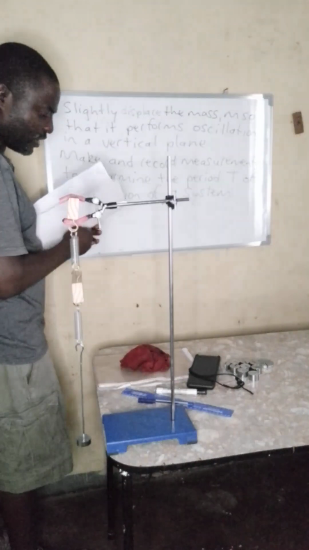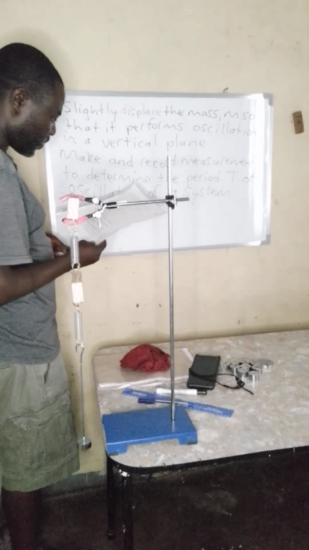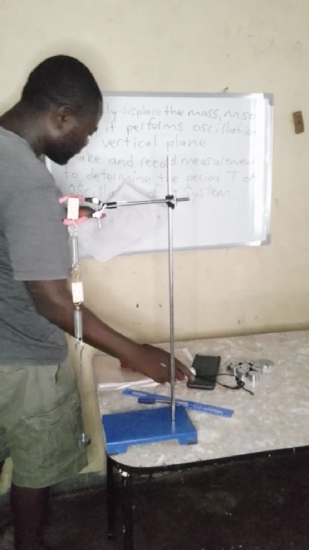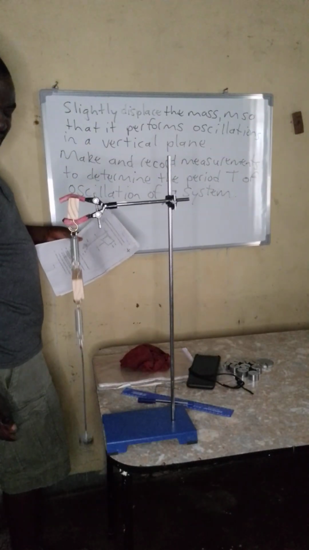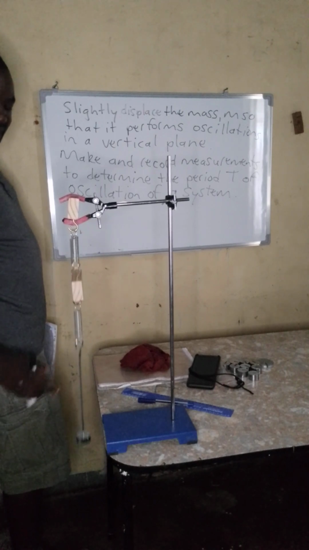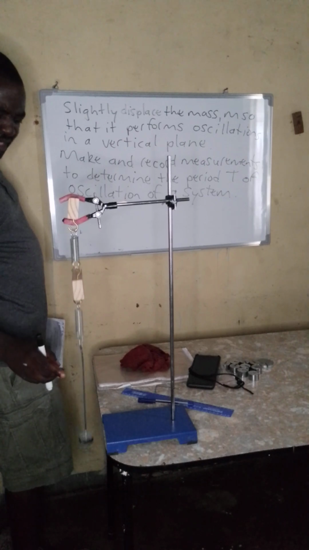This instruction is very, very important. Make and record measurements to determine the period T of oscillation of the system. Already, we've got an oscillating mass M, right? It is performing a certain number of oscillations. Time for one complete oscillation is a period. So you can measure the time t for a certain number of oscillations.